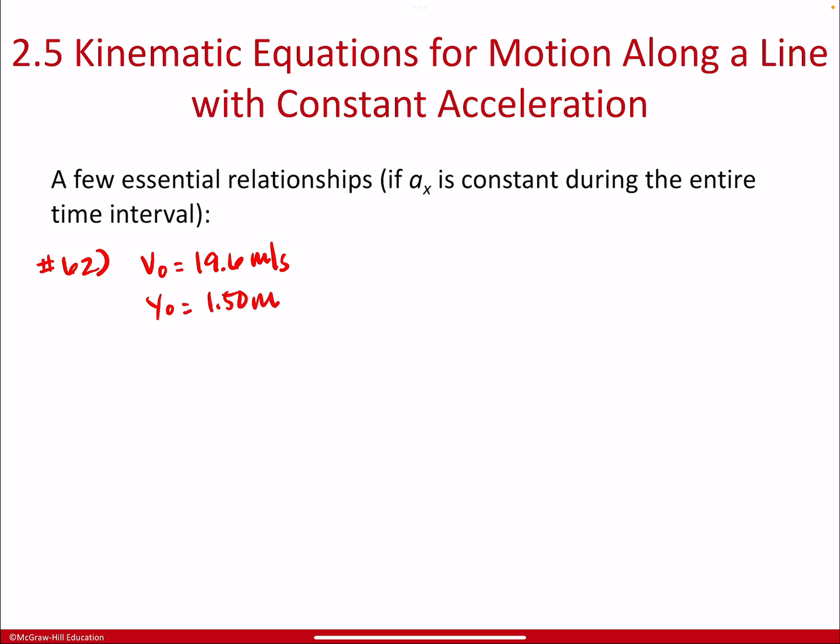So where I said that you might get into some of those situations, this is a good example of that. And at first, it wants us to find how high above the ground the stone rises. Is that y final? Yeah, y final. So this is wanting us to find how high it gets.